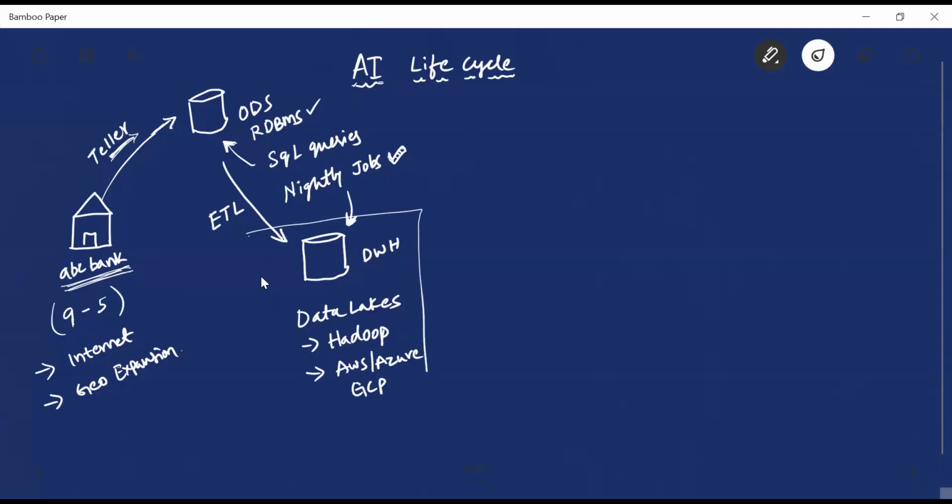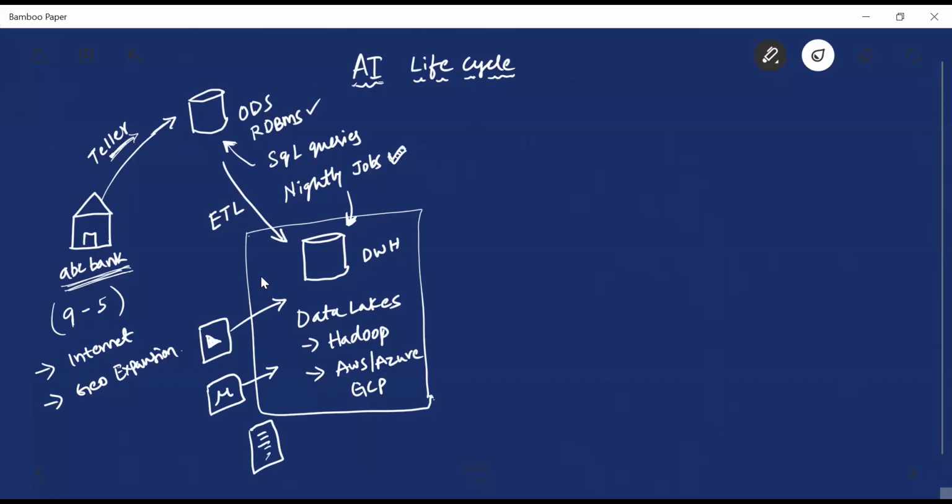Now, as you see, this has become a data lake scenario. People were able to store data in large volumes and do large-scale processing. People can store videos, they can store music files or audio files, text data, logs data, and sensor information.